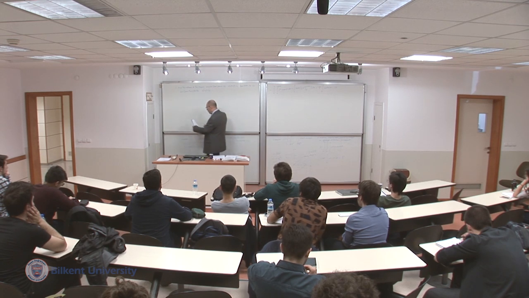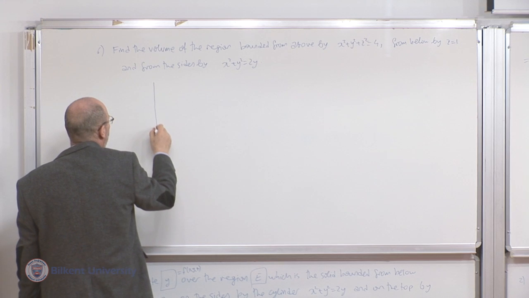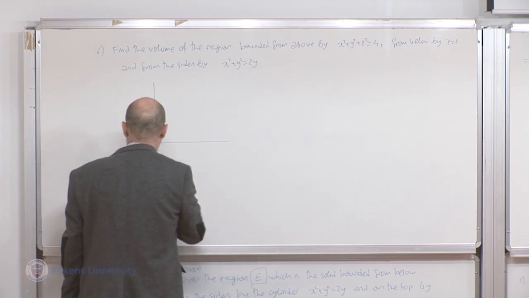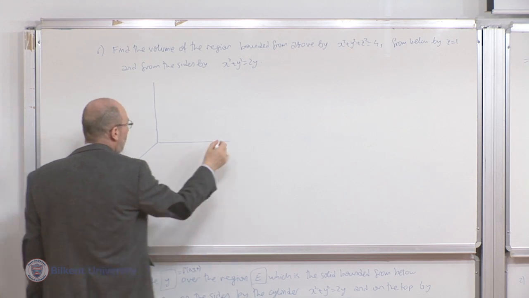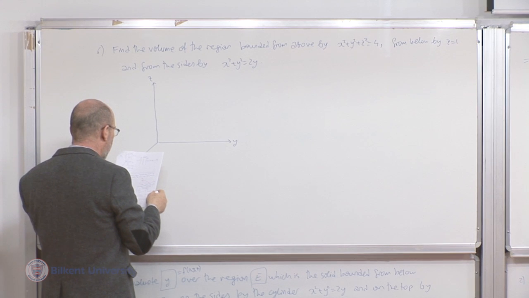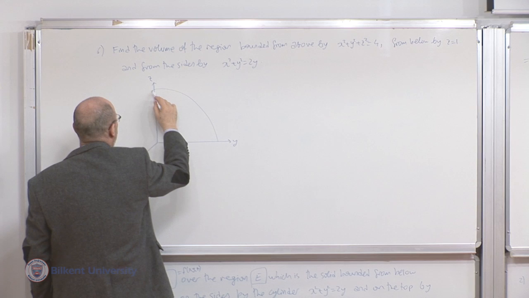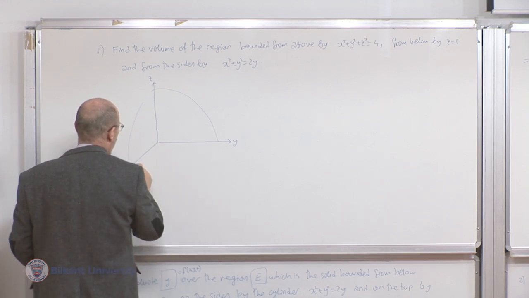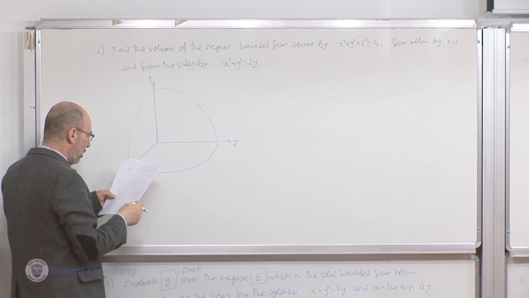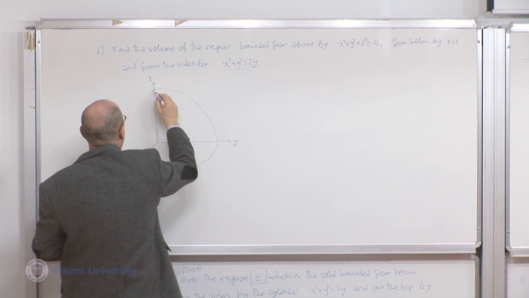So let's try to draw this. I'll draw this again in the first octant only. Okay, so this is x, y, z. So the first one is this sphere, like this. And I have this. You see this huge sphere, which we are not interested in a lot.